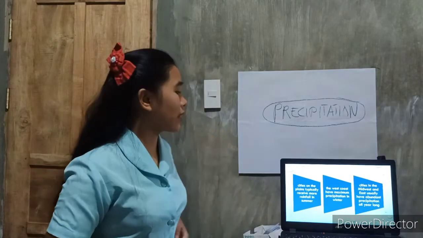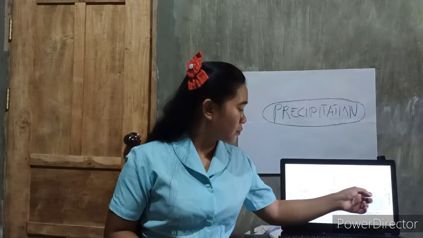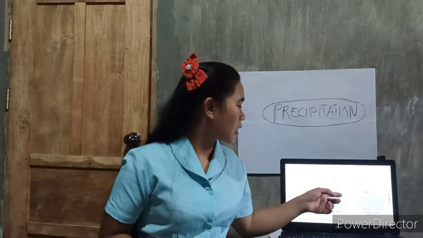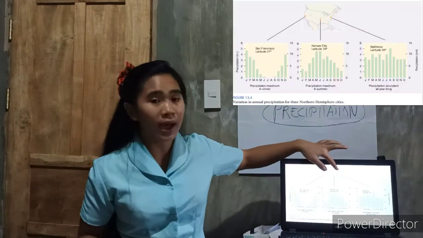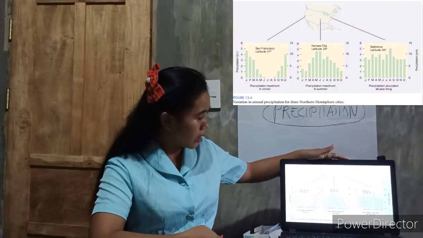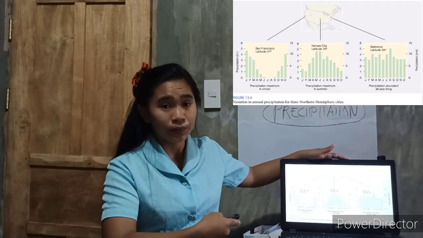Let us look at these three cities as our example. We have San Francisco, Kansas, and Baltimore. San Francisco, as you can see in the map, is located in the West Coast area.